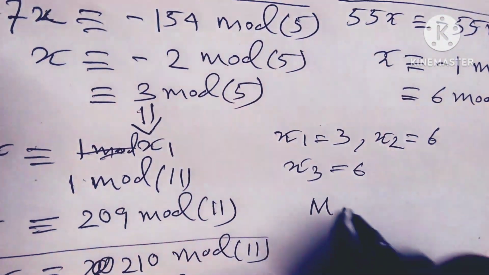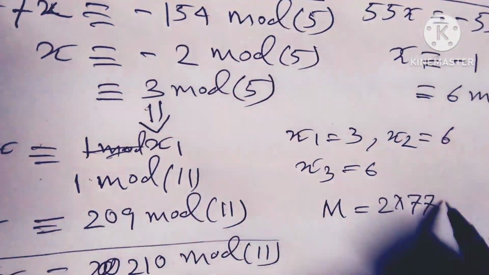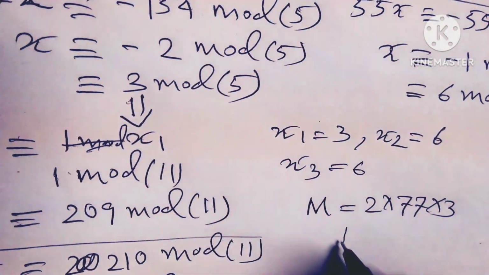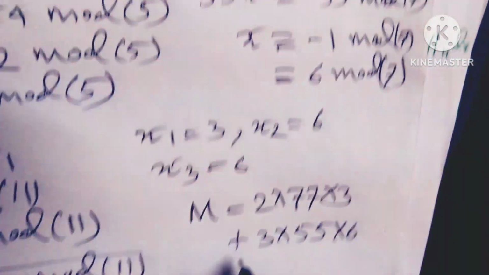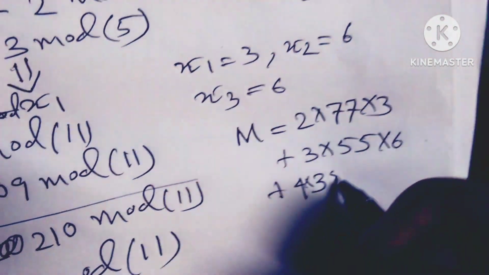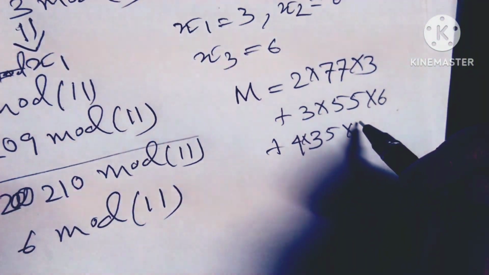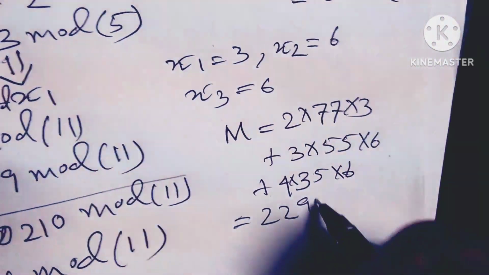So my capital M equals 2 into 77 into 3, plus 3 into 55 into 6, plus 4 into 35 into 6, which equals 2292.